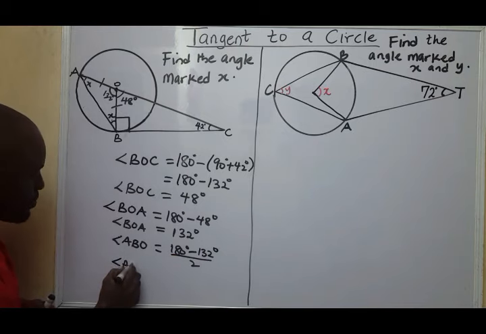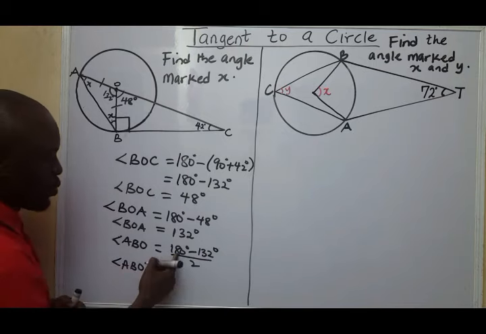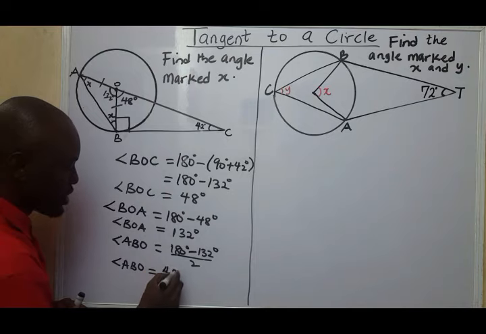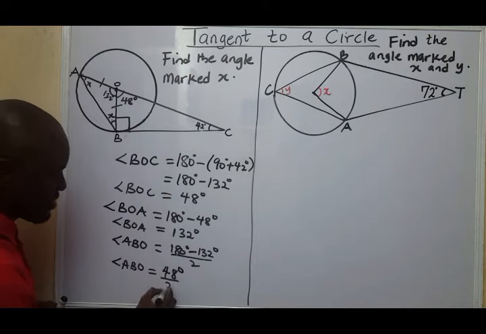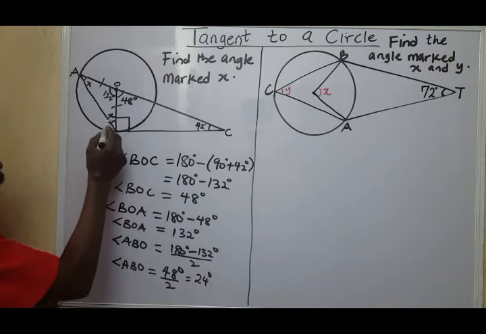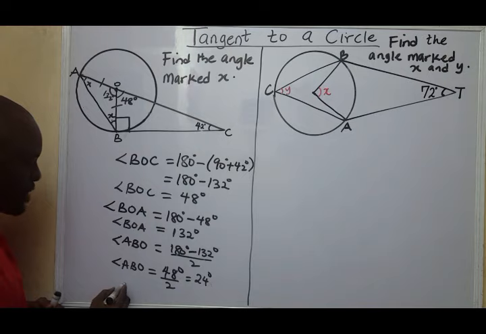So ABO will be 180 degrees minus 132 degrees, which will give me 48 degrees. Then if I divide it by 2, I'm going to get 24 degrees. So that shows that angle marked X is 24 degrees.